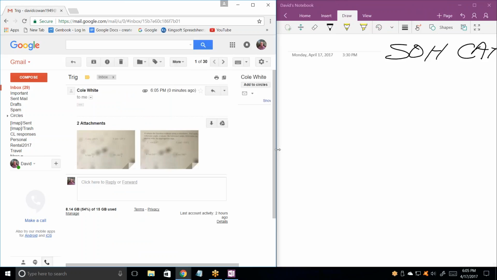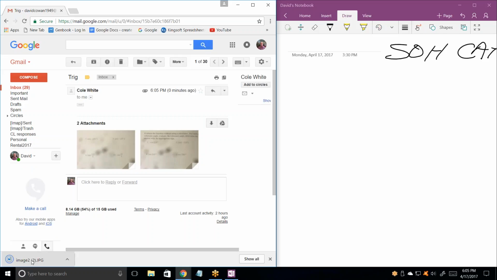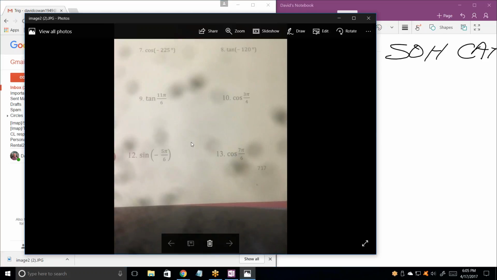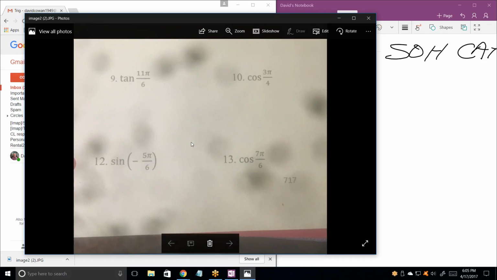Cosine is adjacent over hypotenuse. Tangent is opposite over adjacent. Which one of these should I open first? Either way. I'll go left to right then. All right.